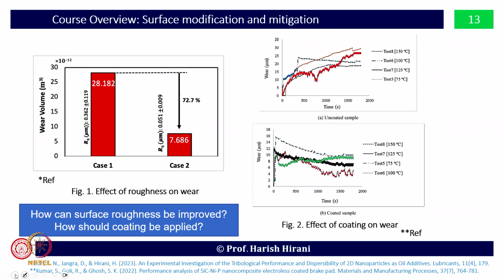Now, I will show you a couple of practical examples which we have done in our research. We looked only at surface roughness, and in case 1 the surface roughness was something like 0.362 micron. We changed the surface roughness to 0.051 micron, and we found that failure can be reduced by 72%, and life can be enhanced almost 3 to 4 times.